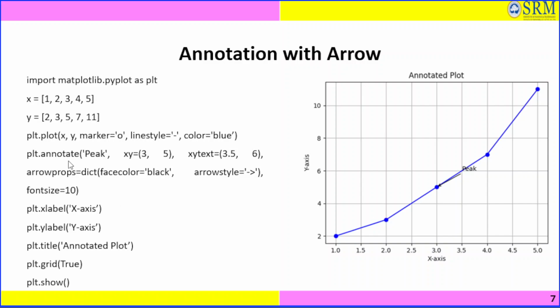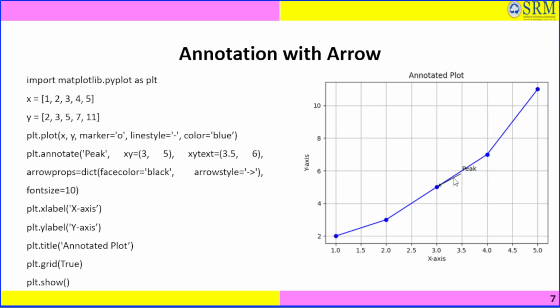Using the annotate function, we have created the annotation 'Peak', with xy equal to (3, 5), xytext equal to (3.5, 6), arrowprops equal to dict(facecolor='black', arrowstyle='->'), fontsize equal to 10.